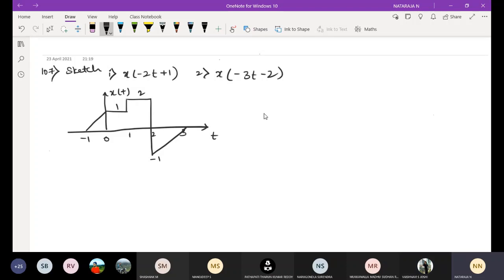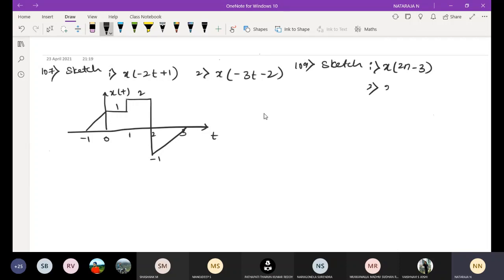Take the next problem. Sketch. First one, x of 2n minus 3.